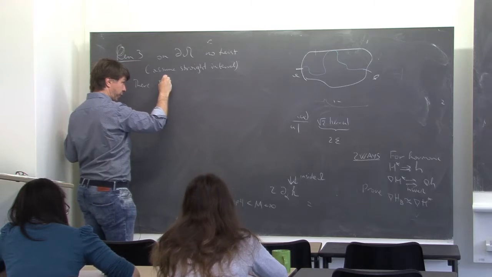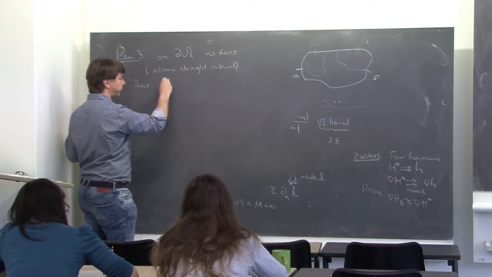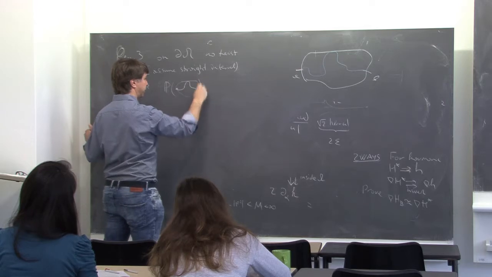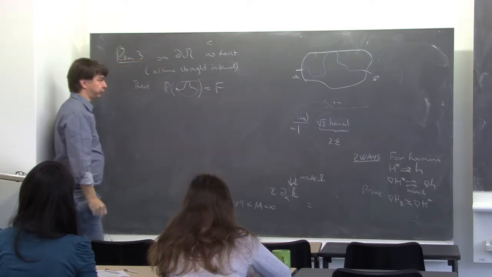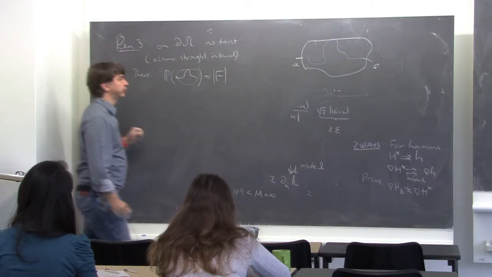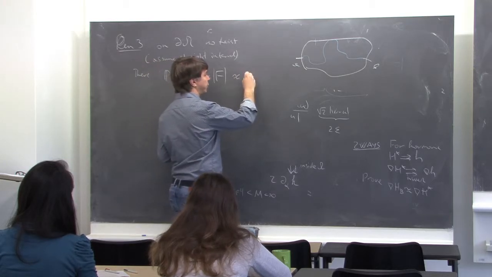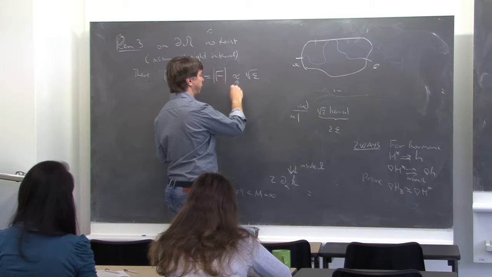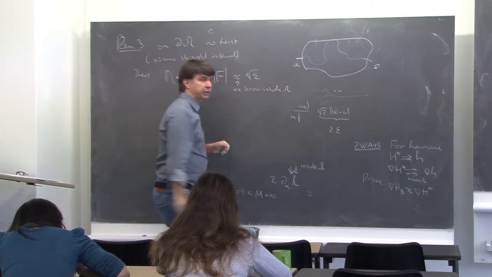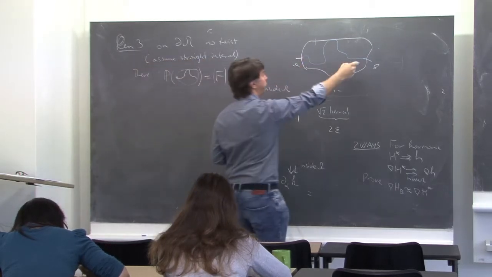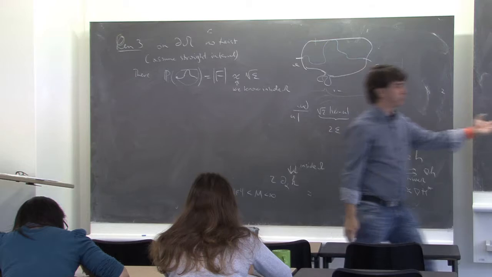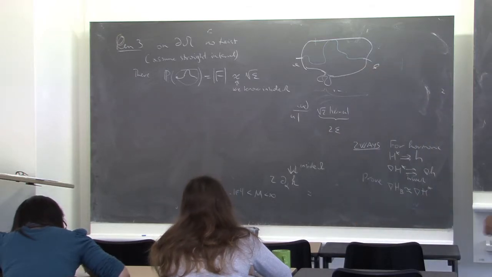So there we have, on one hand, that the probability that you touch the boundary is exactly equal to f, or let's say the absolute value of f. But this we know is of the order square root of epsilon. We know this inside omega, and obviously it's not true near A and B, or if you have a fractal boundary. f can go up and down because f is the derivative of a square root of this map.